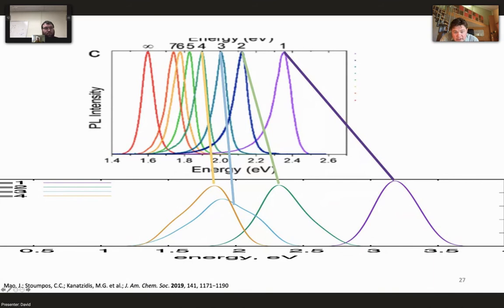Yeah, the trend of quantum confinement shifting the central wavelengths is outstanding. It's really good and qualitative.